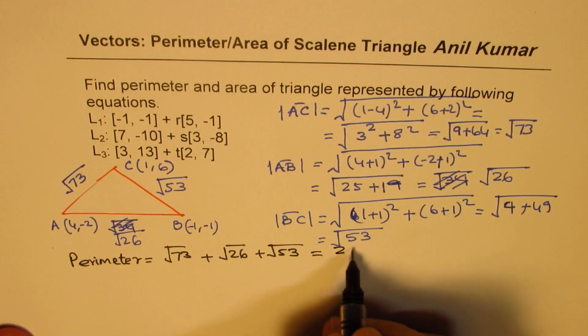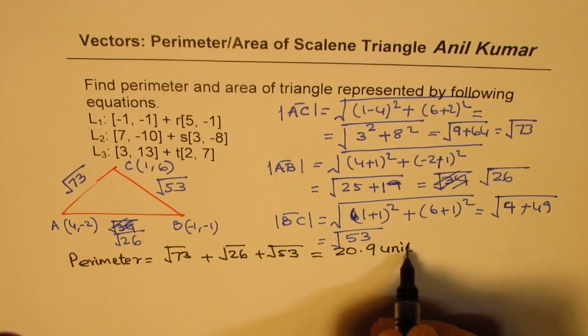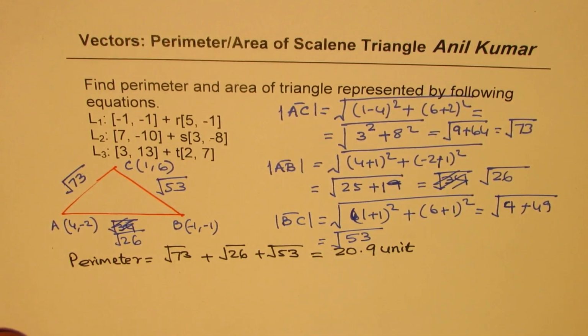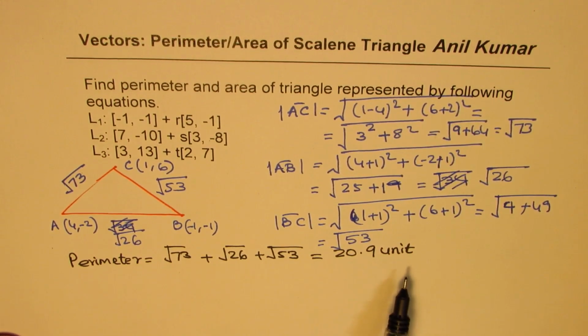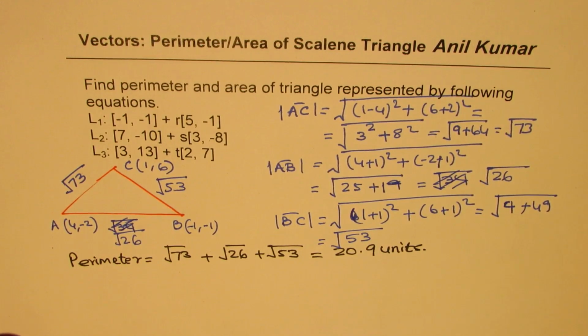Let's write this as 20.9 units. So the perimeter is 20.9 or 21 units. Okay, so we have found the perimeter.